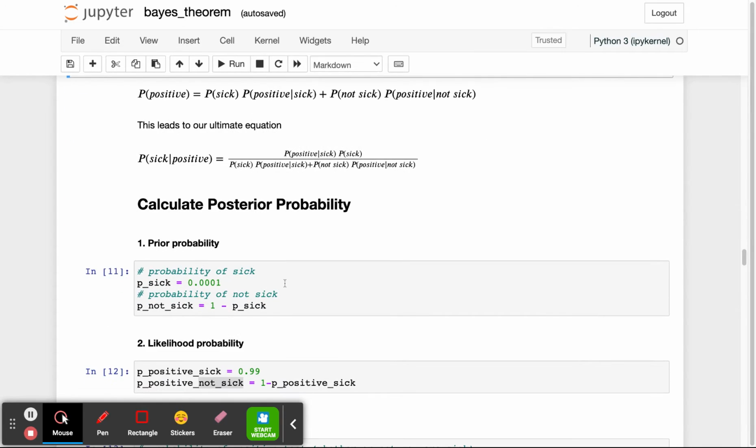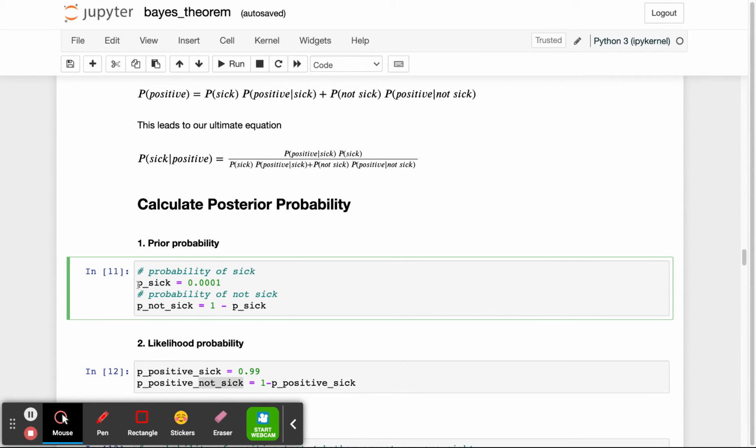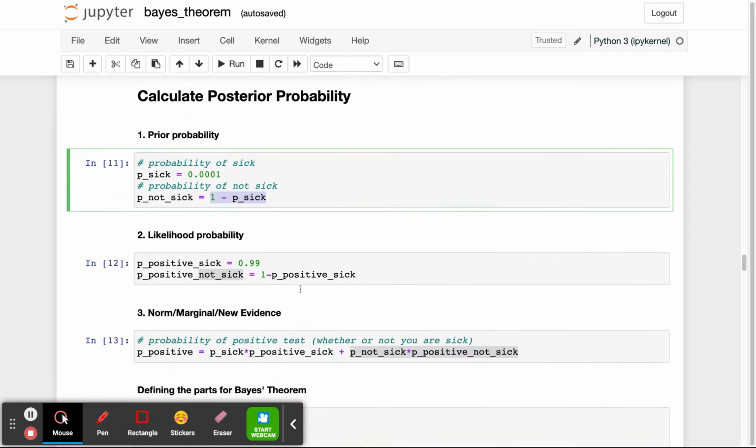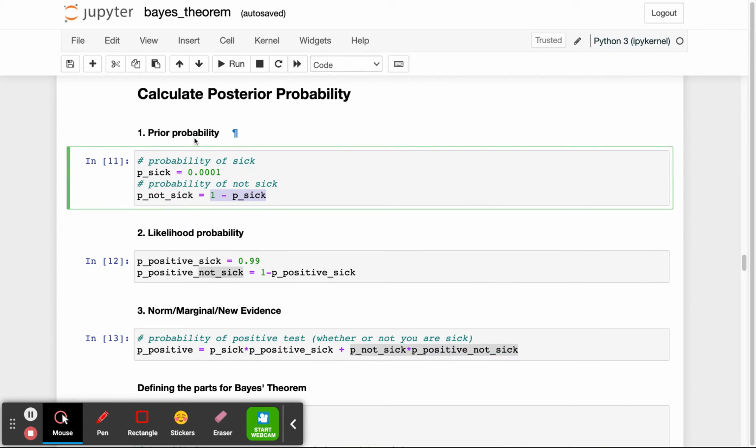And so we can set that up with the code P underscore sick. Sick is the probability of being sick, 0.0001. And of course, then the complement of that, the probability of not sick, is going to be 1 minus that probability. So that's our prior probability. And then the likelihood probability.